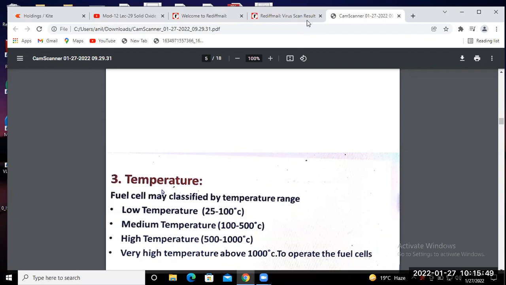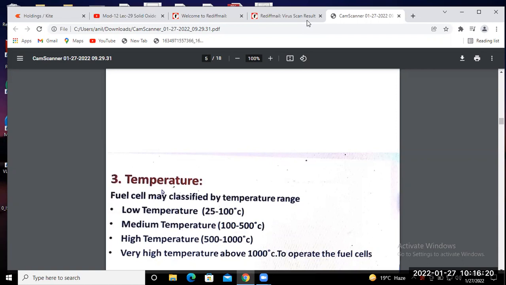For the high temperature, we say from 500 degrees Celsius to 1000 degrees Celsius, and above 1000 degrees Celsius we consider it very high temperature. So these are the classifications on the basis of temperature.